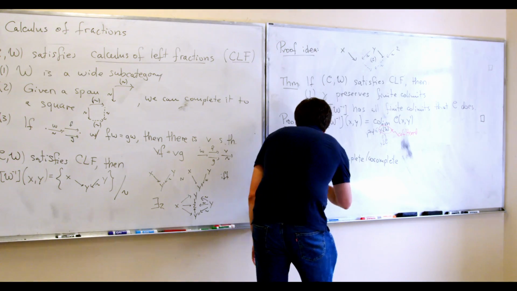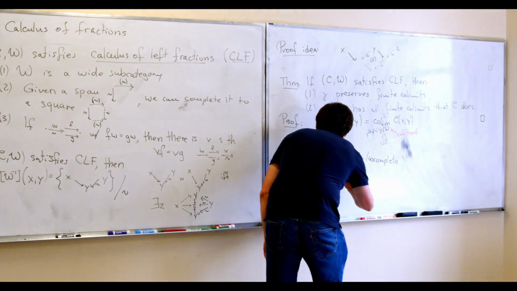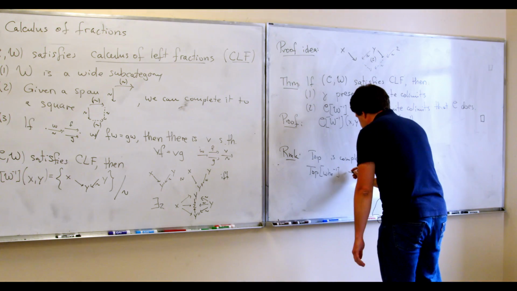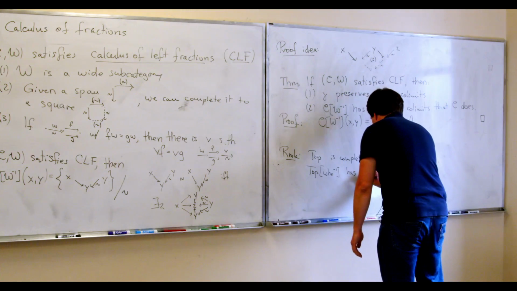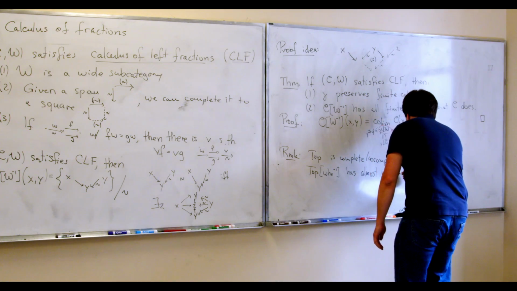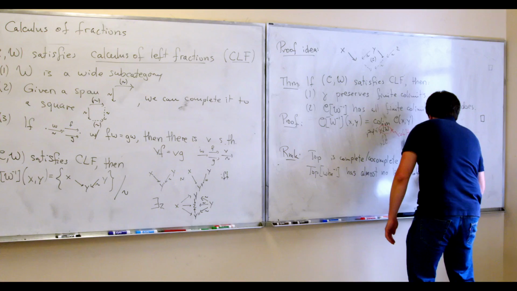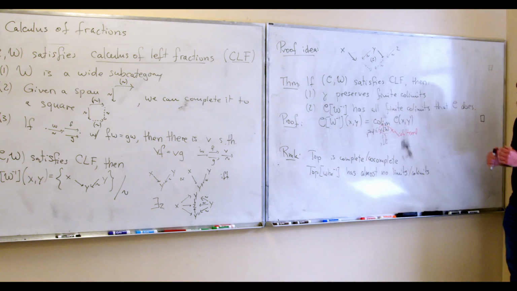But if I take Top and invert weak homotopy equivalences, well, this has almost no limits or colimits. Yeah, and I mean, it has coproducts and things like that.